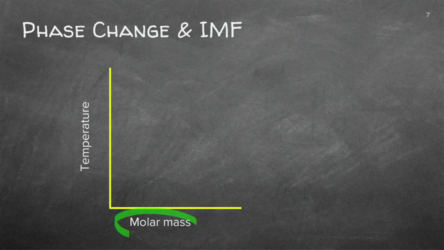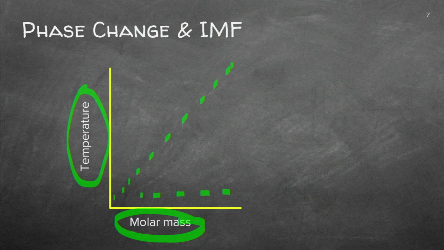Can you see I've got molar mass on my x-axis and temperature? And you know, as the temperature increases, we've got molar masses here. So what will an experiment do to actually say what's the change in intermolecular forces as the molar mass increases? And you can see I'm going to draw a few there.